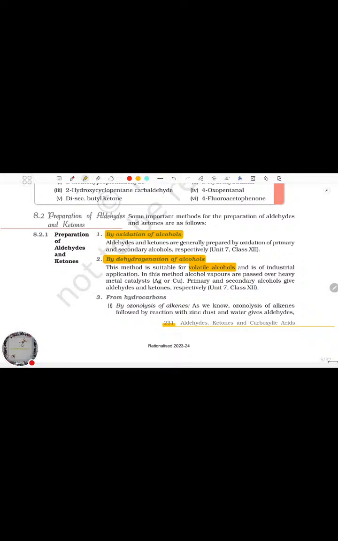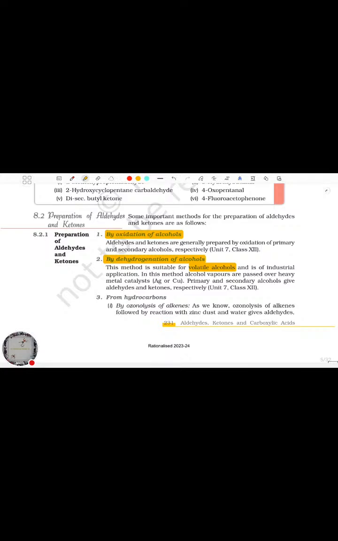In this method, alcohol vapors are passed over heavy metal catalysts.